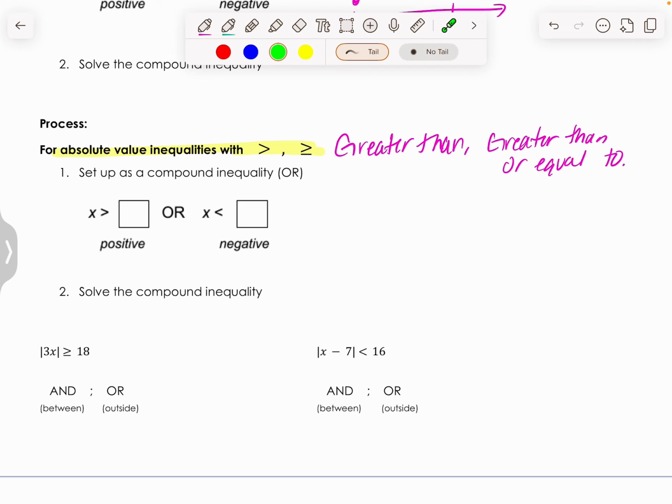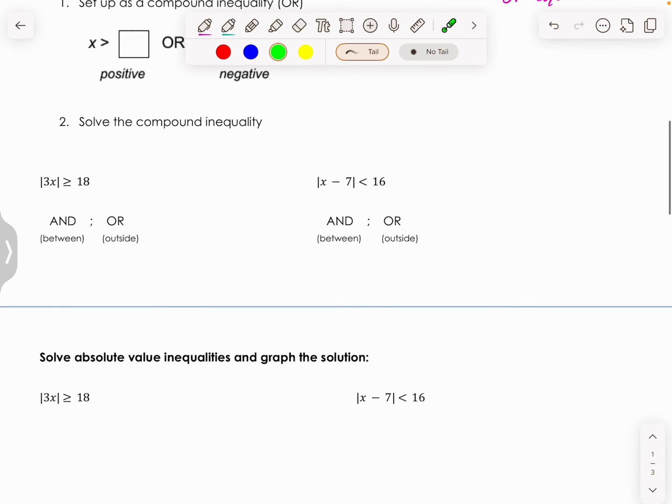All right, so if you start with greater than, we want to start with an or inequality. We're going to set it up like this. So x is greater than our number, or x is less than our negative number, and then we're going to solve the inequality. Okay, so let's say we start with the absolute value of 3x is greater than or equal to 18.